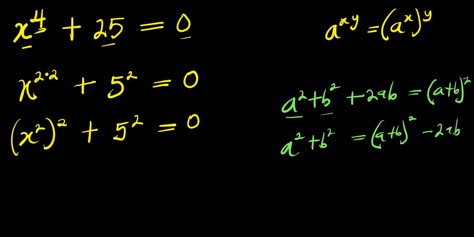So right now I can say that the a here is the same as the a squared that we have, that is the x squared that we have, that is our a.